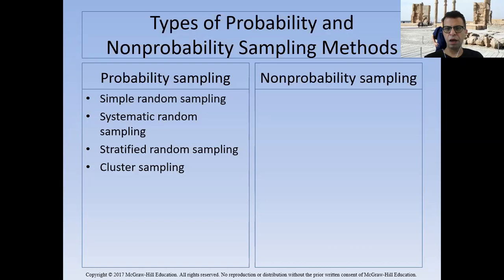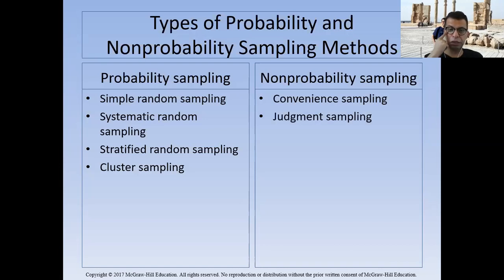That's clustering. Non-probability sampling includes convenience sampling. For example, if you are producing something and you take the first 20 products and look at them to see how many of these 20 units you picked were defective. It's just whatever is easy for you to do.